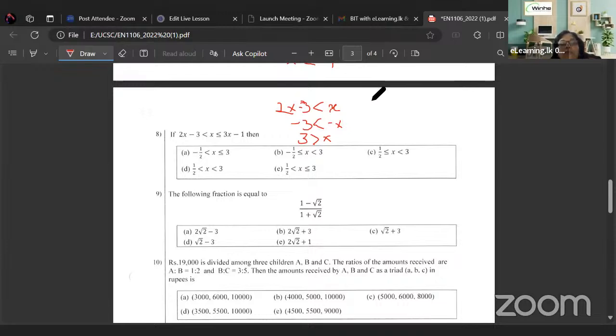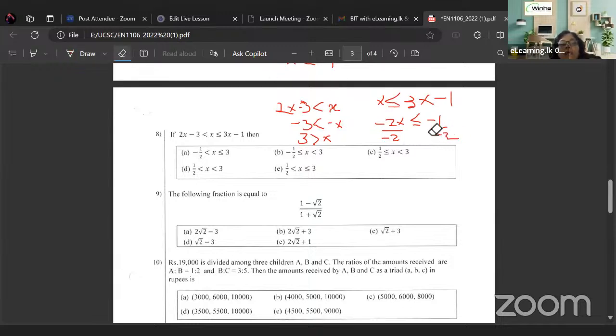Now, if you solve the right-hand side, x less than or equal to 3x minus 1. Now, minus 2x less than or equal to minus 1. You can divide both sides by minus 2, right? Then what will happen?